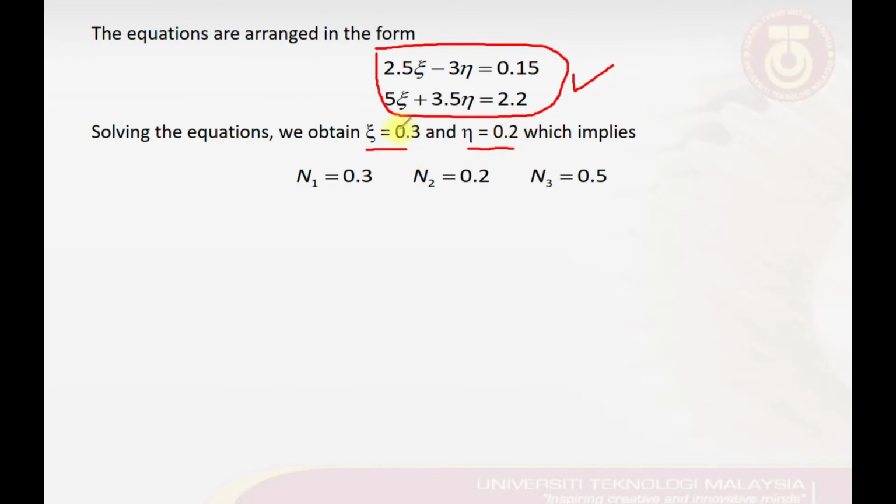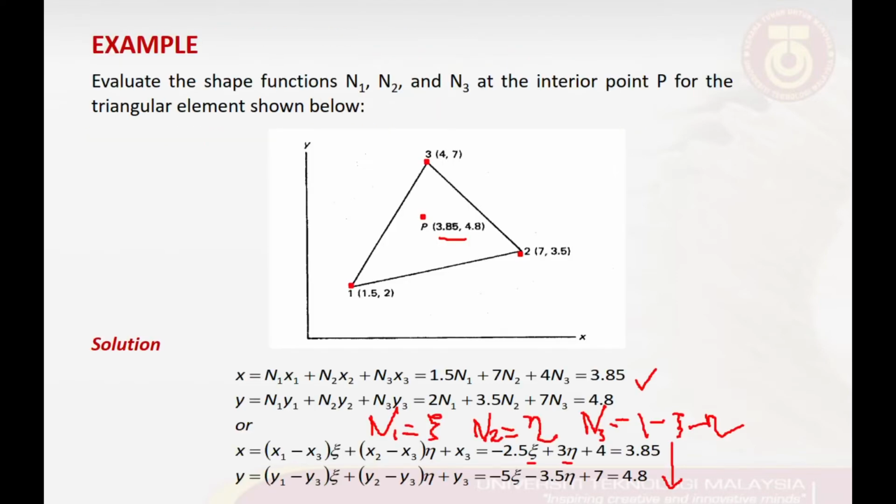So these two values actually refer to the conditions for point P, which is located at this coordinate.